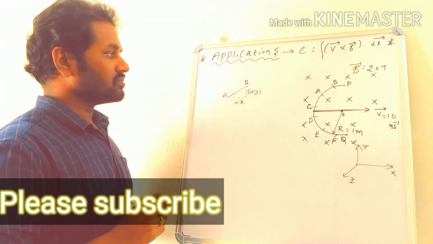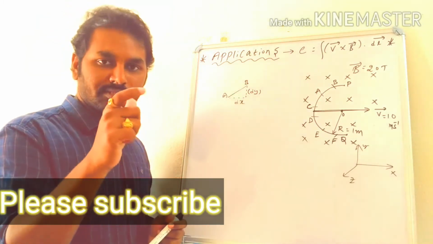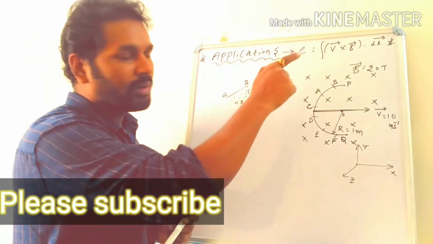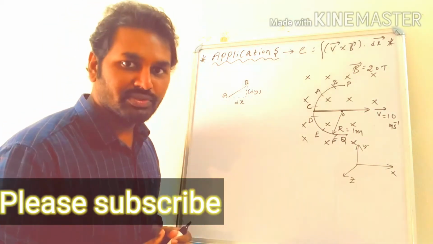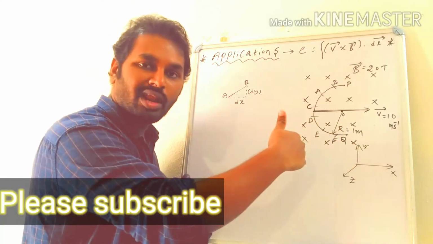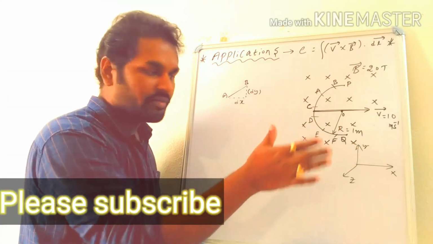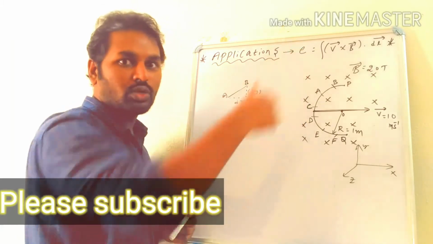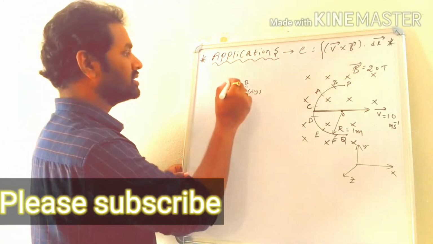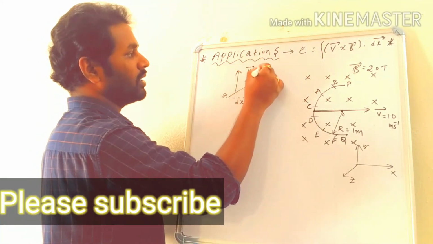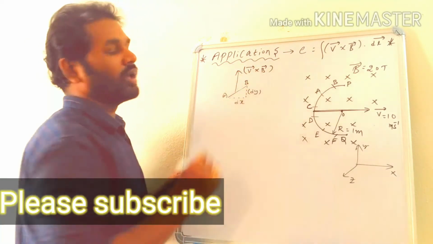You can see on this small conductor, for the direction of V bar cross B bar, we need to use the cross rule. V bar along the x-axis, B bar along the negative z-axis, then V cross B you are getting along the positive y-axis. So on this conductor, I am taking V bar cross B bar along the positive y-axis.